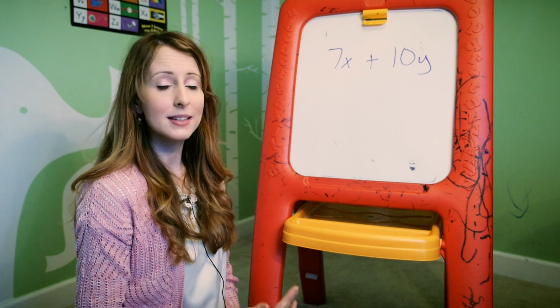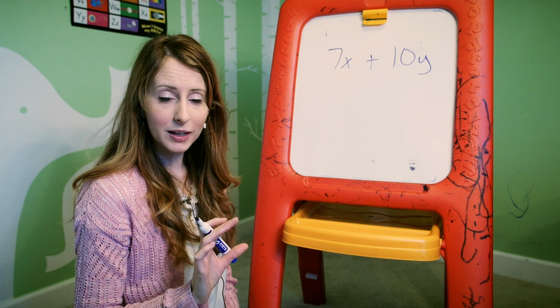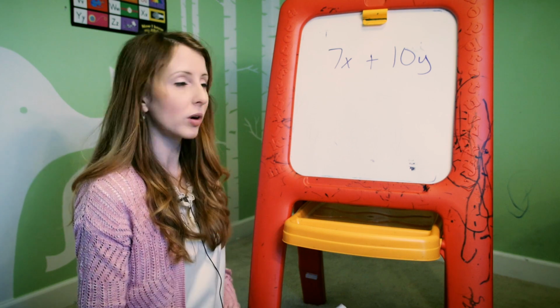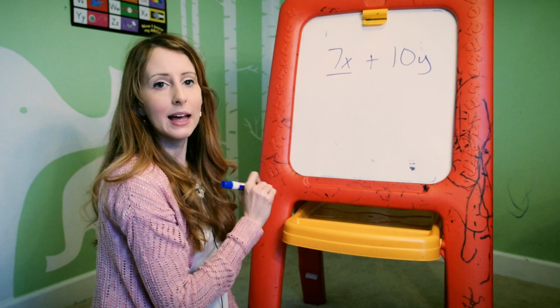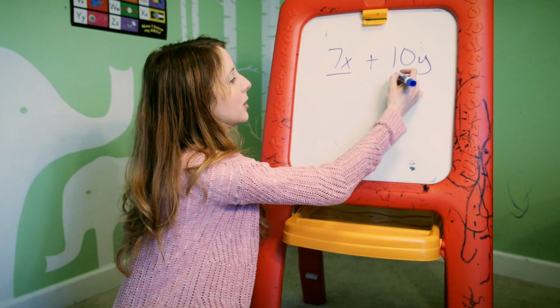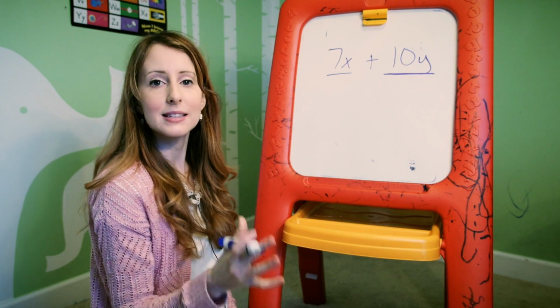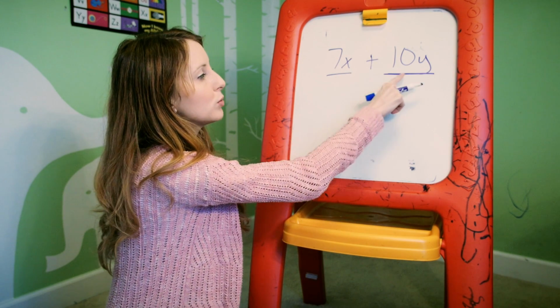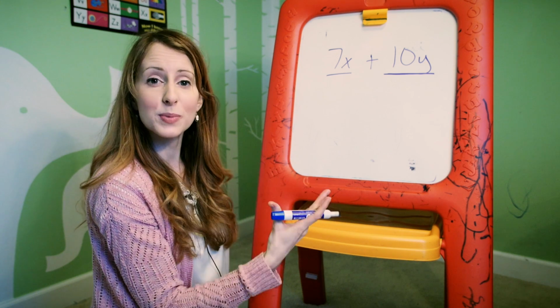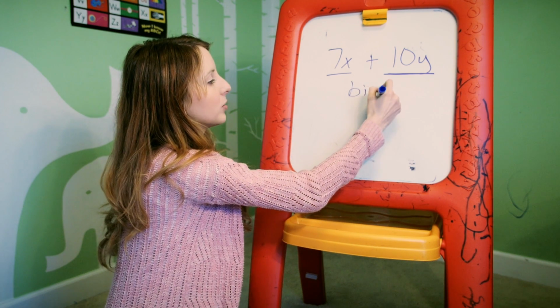We know that's not a monomial, mono for one, anymore, because we have that plus sign. Now we have 7x as one particular monomial, and 10y as another. So this entire expression is a two-term polynomial, or more specifically, a binomial.